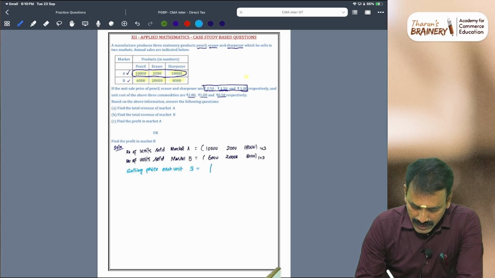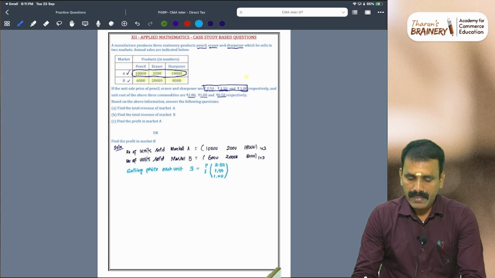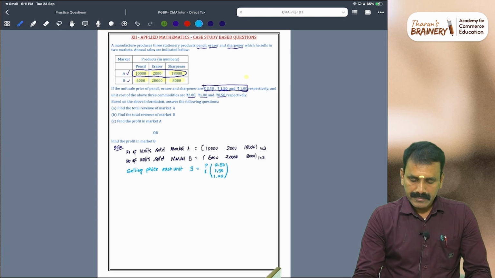The first one is pencil, 2 rupees 50 paise, then 1 rupee 50 paise for eraser, and 1 rupee for sharpener.